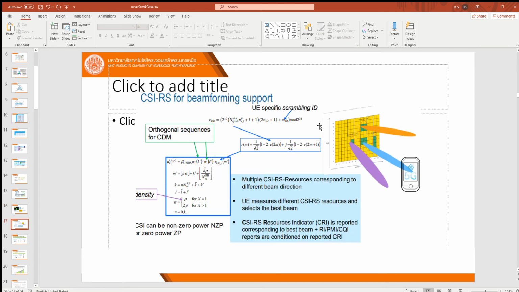This is the technique that we are going to use for beamforming support in the future. You can see the mathematics used for beamforming when you have more than one antenna. In this one, I think it is 12 multiplied by 12, so about 144 antennas at the same time, and then you can talk to the mobile phone in the 5G network.